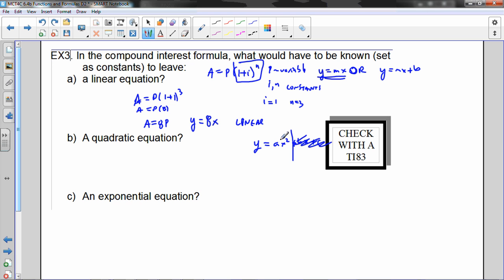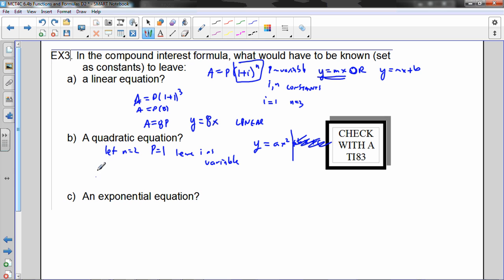The x, the independent variable, is the base of the exponent, where n has to be 2. P is going to be some initial value, doesn't matter. I'm going to let it be 1 to make it the easiest, and then we're going to leave I as the variable.